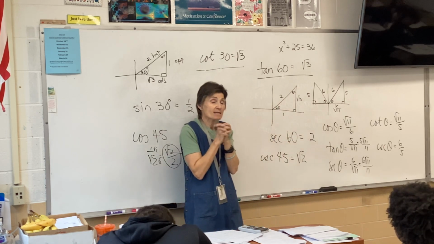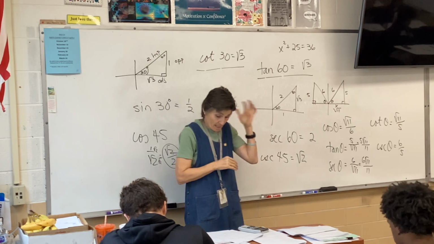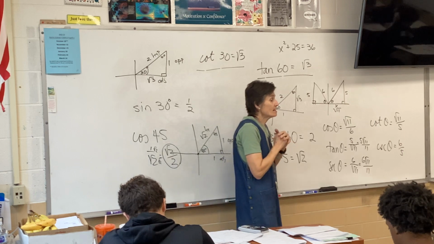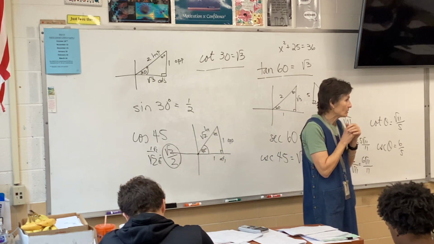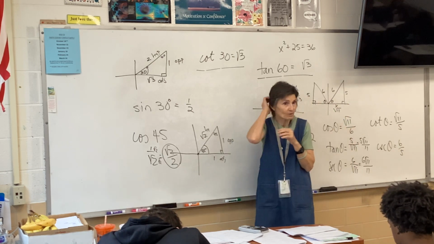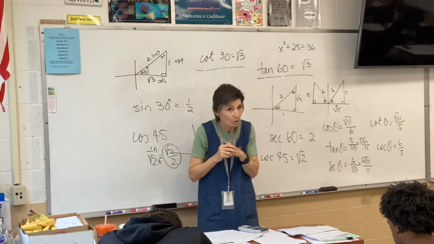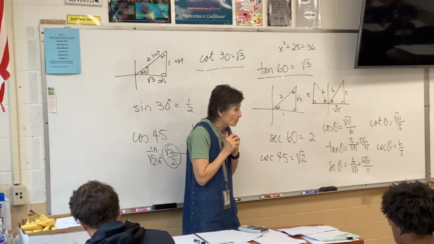That means those angles are measured in degrees. In A, C, and E, do you see any degree marks? That means those angles are measured in radians. Your calculator needs to be told whether the angle is going to be in degrees or radians.